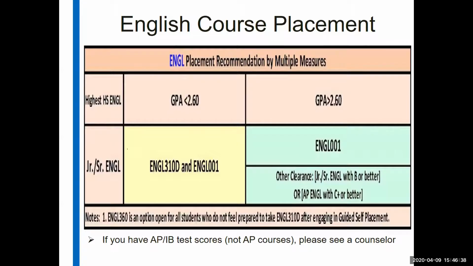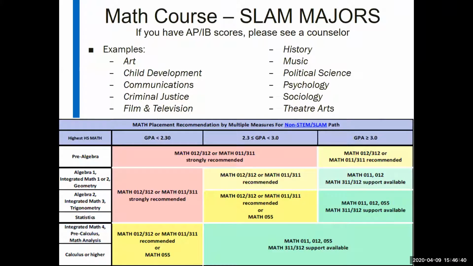For math, it's a little bit more complicated because it depends on what your major is. So what you'll see here is the math courses for SLAM, Statistics for Liberal Arts Majors, and you'll see some examples: art, history, music, political science. For these majors, the entry-level math would be Math 12, which is our mathematical ideas, or our Math 11, which is statistics.